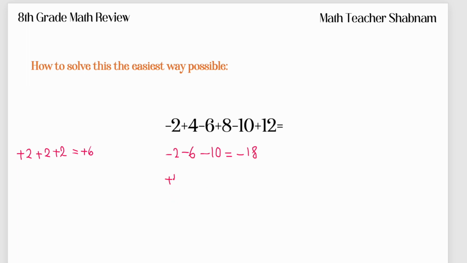We can have plus 4, plus 8, and plus 12. Now, 12 and 8 give us a 20, and a 4, that gives us 24. We have a positive 24 and a negative 18. We just have to subtract these two now.